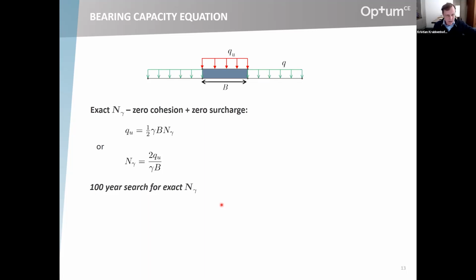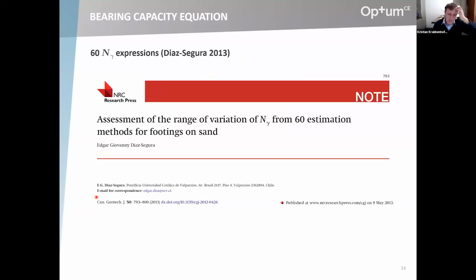It's the last thing that's missing, and it has turned out to be a lot more challenging to determine N_gamma than N_c and N_q. And I've said here there's a 100-year search for the exact N_gamma since the 1920s, which is a little less than that, but a huge number of N_gammas have been published and are in use in different places.